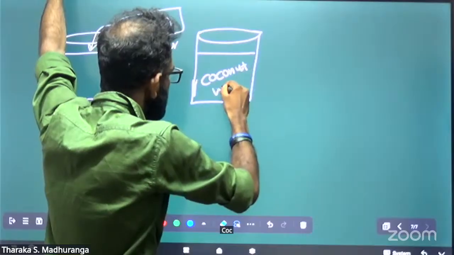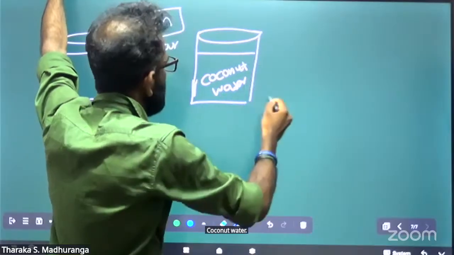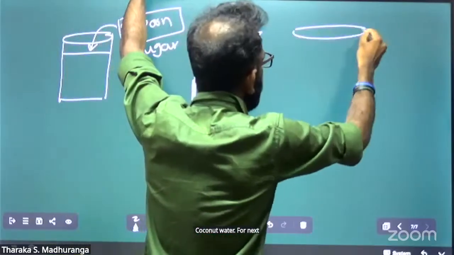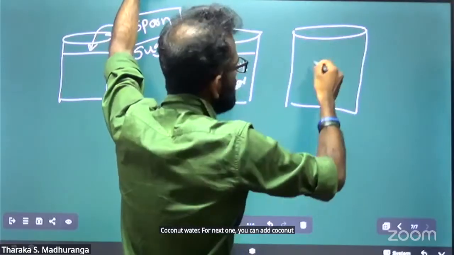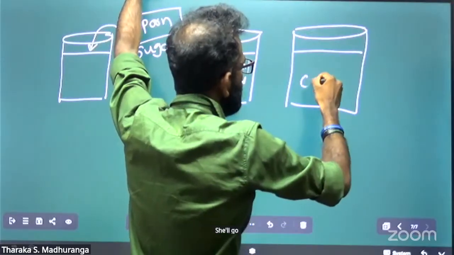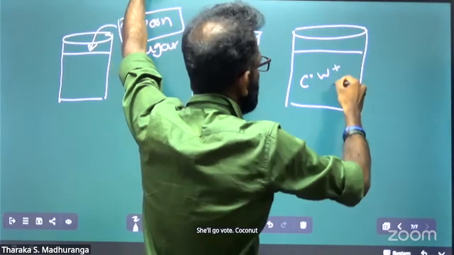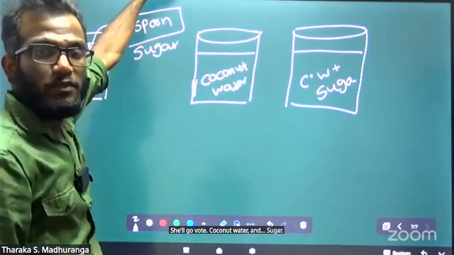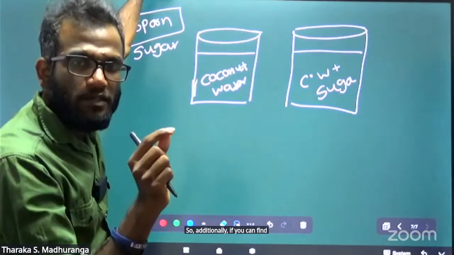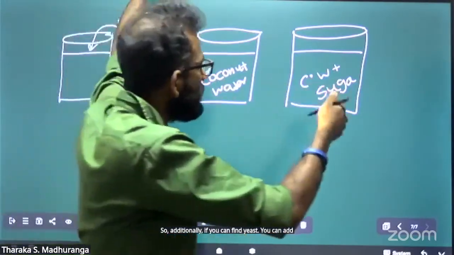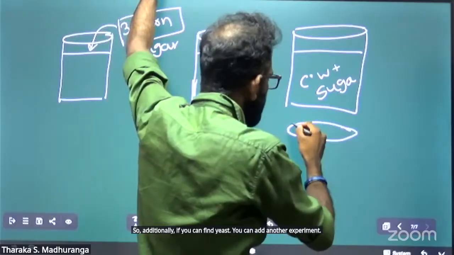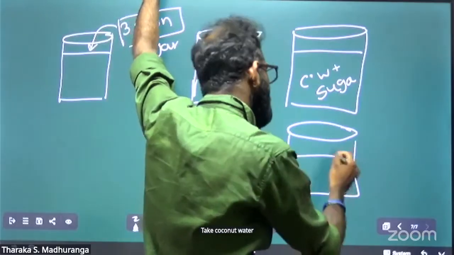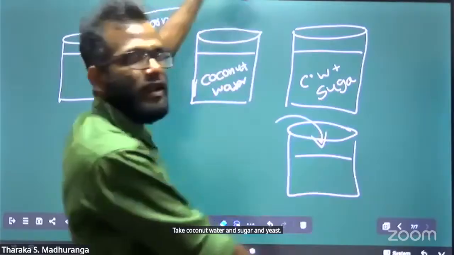For the next one, you can add coconut water and sugar both. Additionally, if you can find yeast, you can add another experiment: coconut water and sugar with yeast added, and one without.